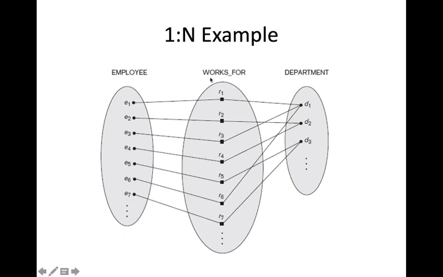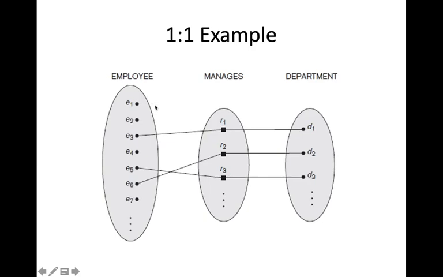It is mandatory that all employees should work for some department. That is why it is known as total participation. So we have total participation on this side. Each and every employee should work in one of the departments. That is what is meant by total participation. So on the employee side, it is total participation.